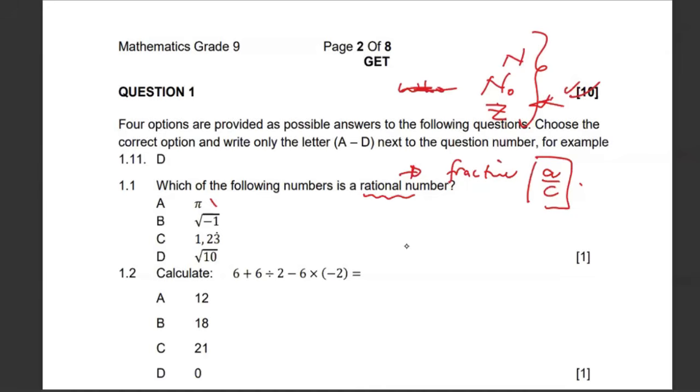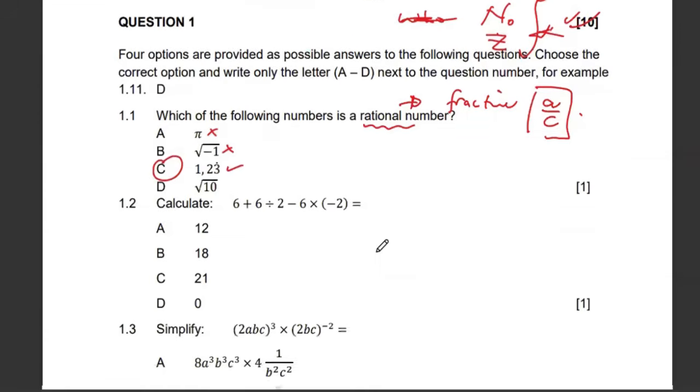So pi is irrational. We cannot find the square root of -1. 1.23 with a dot is recurring, so it's a fraction. Square root of 10 is irrational. So the best answer would be C.